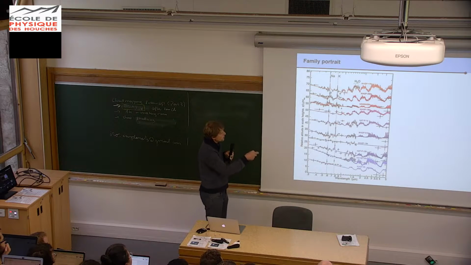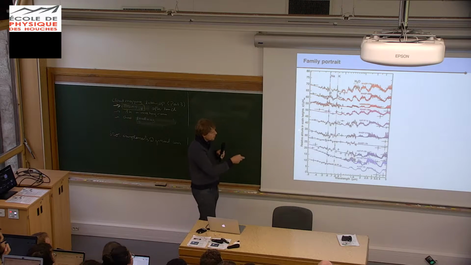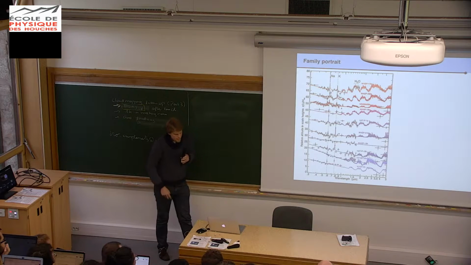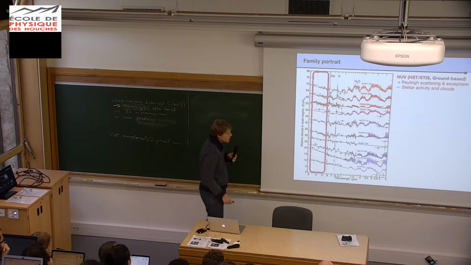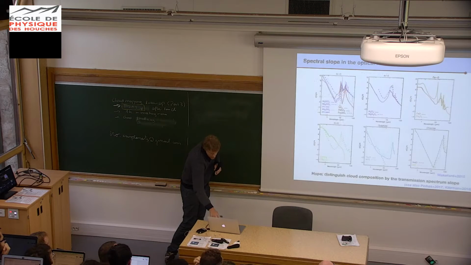And you can see that we have a bunch of slopes here for all those planets, and they're all different. And so in the near UV, that's what we first claimed as evidence for clouds.